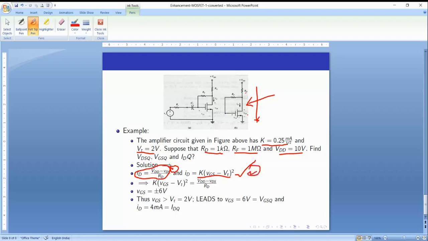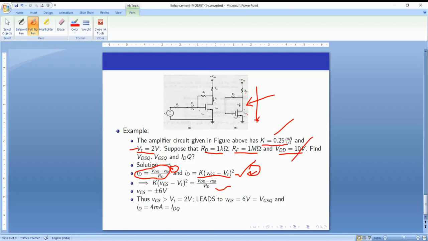Equating these two, K into (VGS minus VT) whole square is equal to (VDD minus VDS) by RD. K is given in the problem, and VGS we need to determine. VT is given as 2 volts. VDD is given as 10 volts. What is VDS?